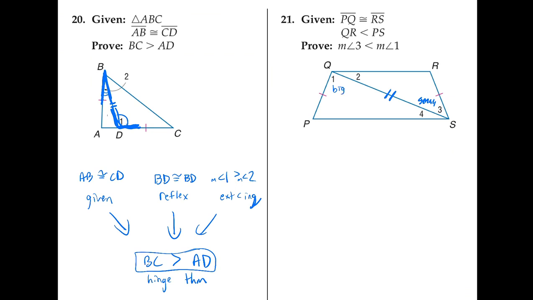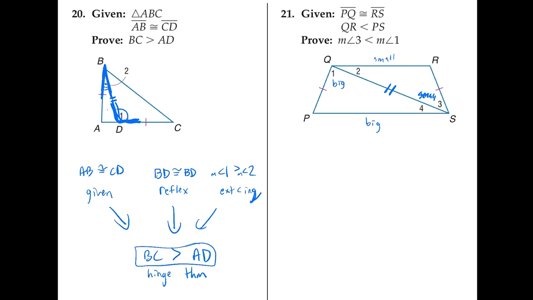So that means we need to somehow get that this is a big side and this is a small side. And we're given QR is smaller than PS. Oh my gosh, this is so straightforward. So we literally just establish, well, we were given PQ is congruent to RS.